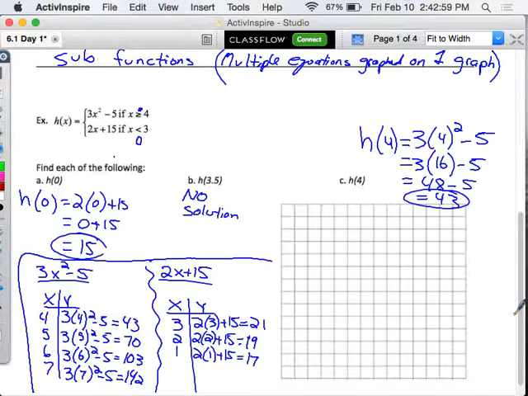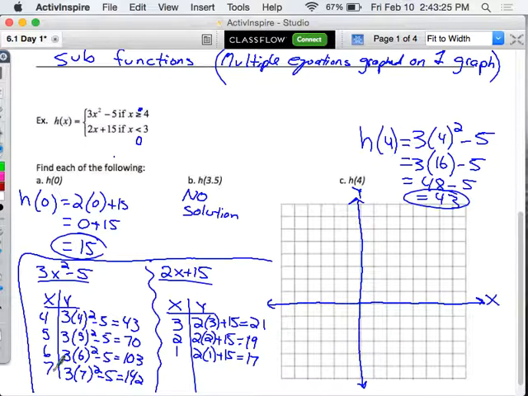So make yourselves a nice coordinate plane here. So we have our y-axis, and we have our x-axis. Okay, and in the x direction, I have to go from 1 to 7.